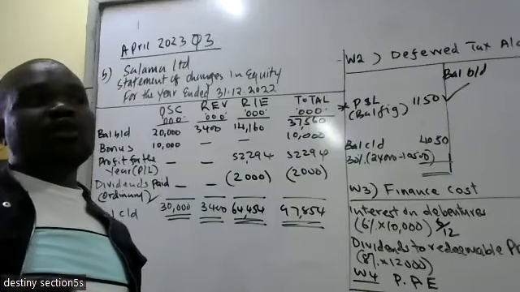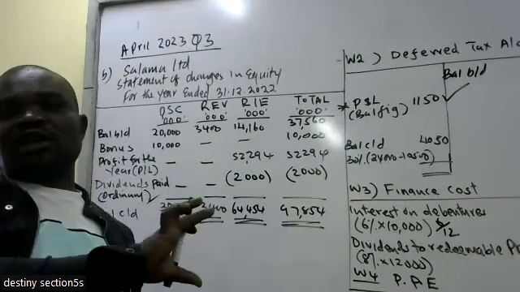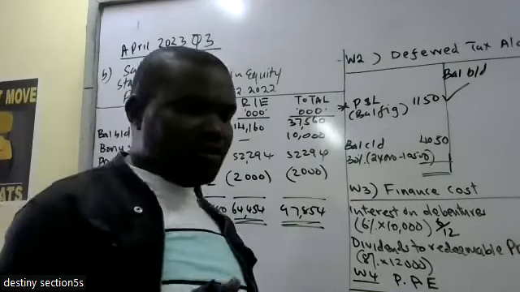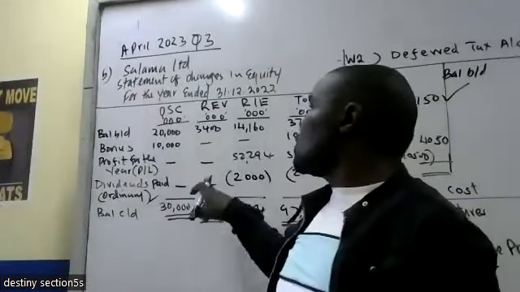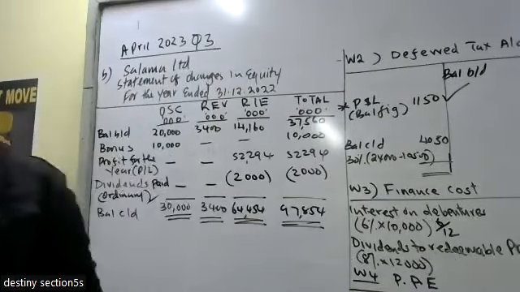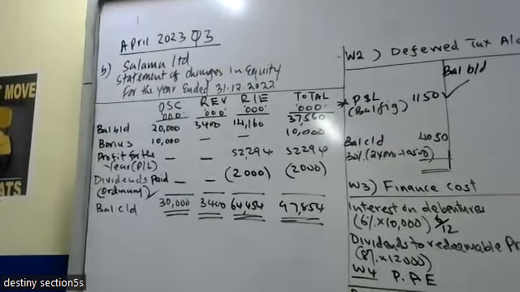So currently, we provide disclosure. Disclosure means we just explain to the users of financial statements. You don't capture them in the financial statement. That's why I've left the ones which have been proposed. Interim, you only capture ordinary, not preference.